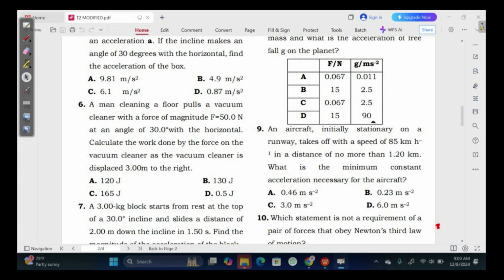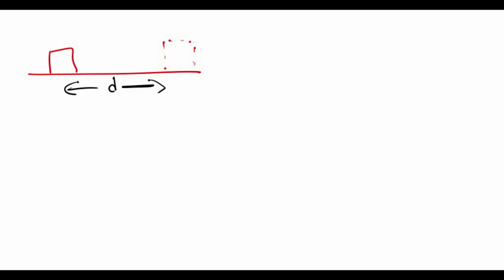Okay, let's do this to make things clear. Let me explain something on work, energy, and power. If you have an object moving from this point all the way to that point, it's going to move a certain distance. That distance we'll call d.